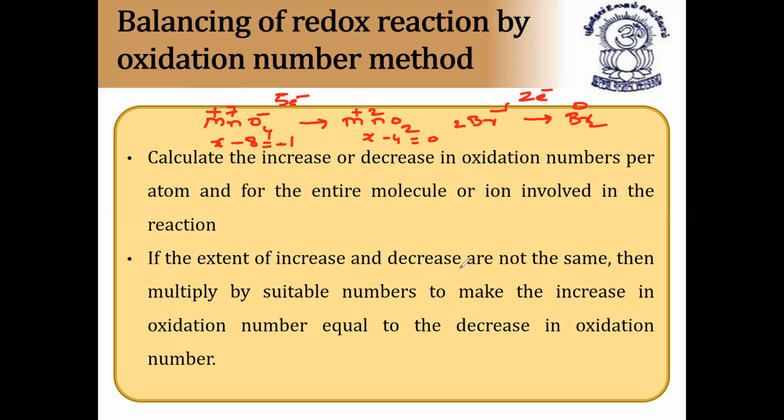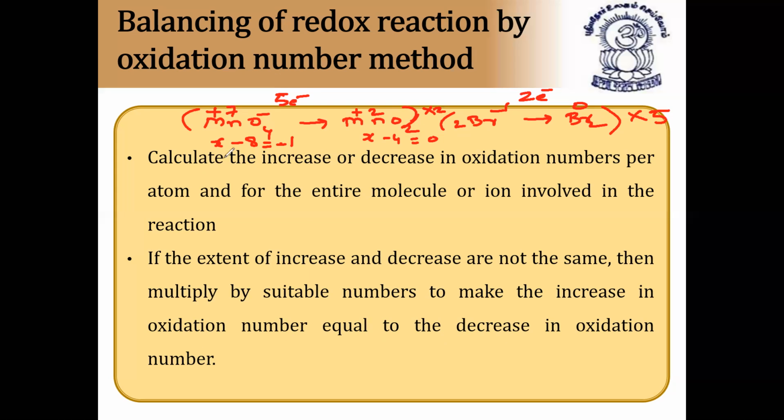If the extent of increase and decrease are not the same, here 5 and 2 are not the same, then multiply by suitable numbers. You have to multiply this by 2 and you have to multiply this by 5 for equating electrons. So to make the increase in oxidation number equal to the decrease in oxidation number, like this we have to do.